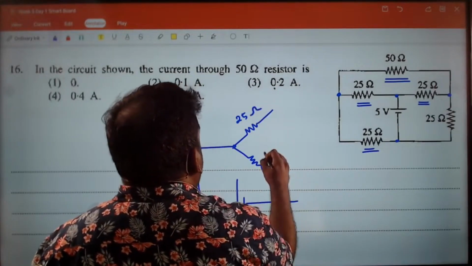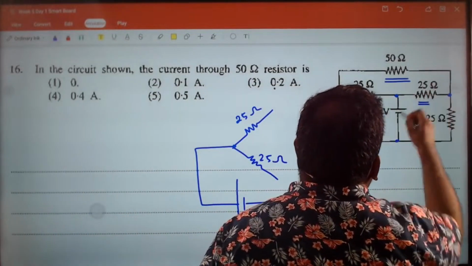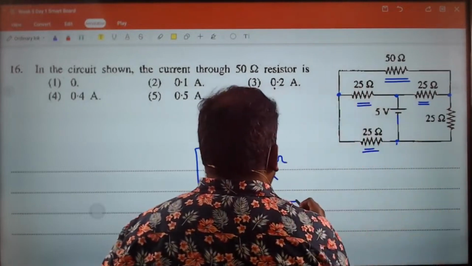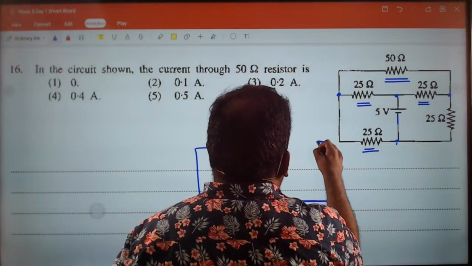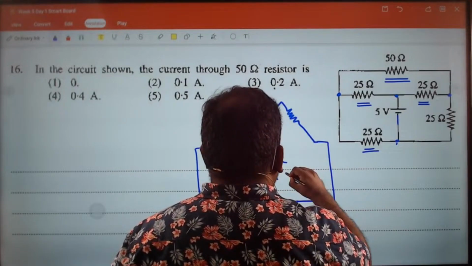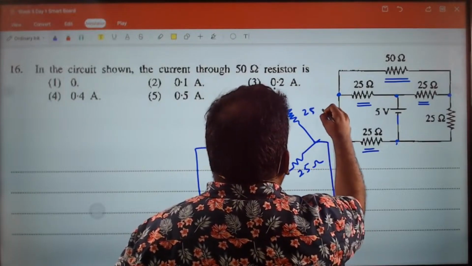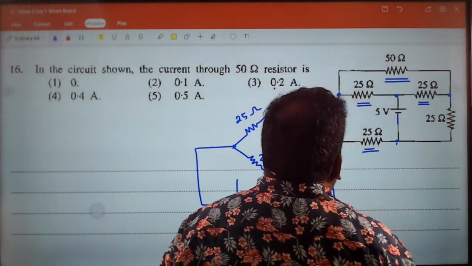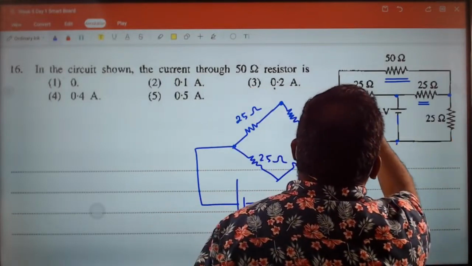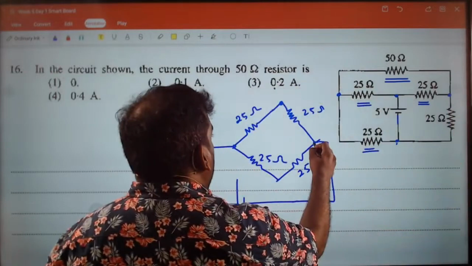The negative terminal is also across two 25s. Are they meeting? Yes, this end and that end are meeting together.